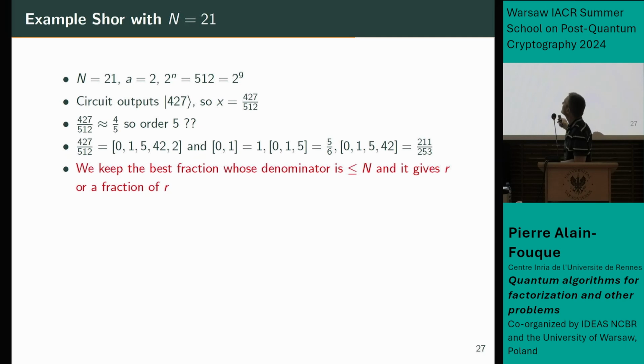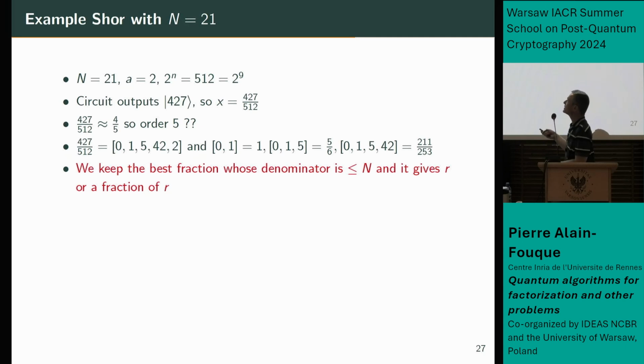And now you see that the denominator goes from 6 to this value. And this value is larger than 21, the value that you want to factor, and that means that maybe 6 is a correct order r. Okay, so this is exactly what we will do next.